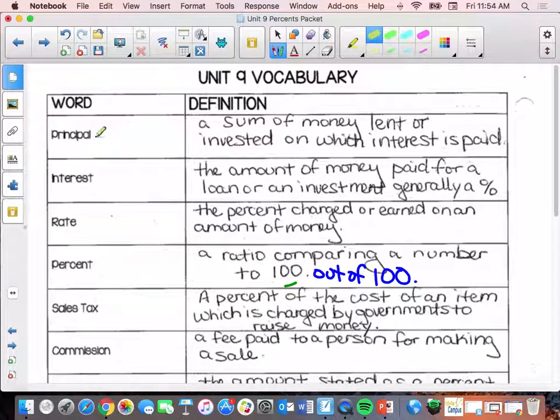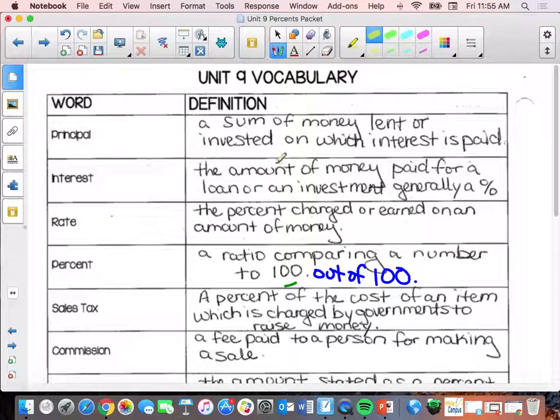First of all, principal. Basically, when you put money into the bank, you gain interest on it. Either that or you borrow money from the bank and they charge you interest. Either way, interest is a sum that is added on. Okay, so the principal is the original sum of money lent or invested on which the interest is paid.